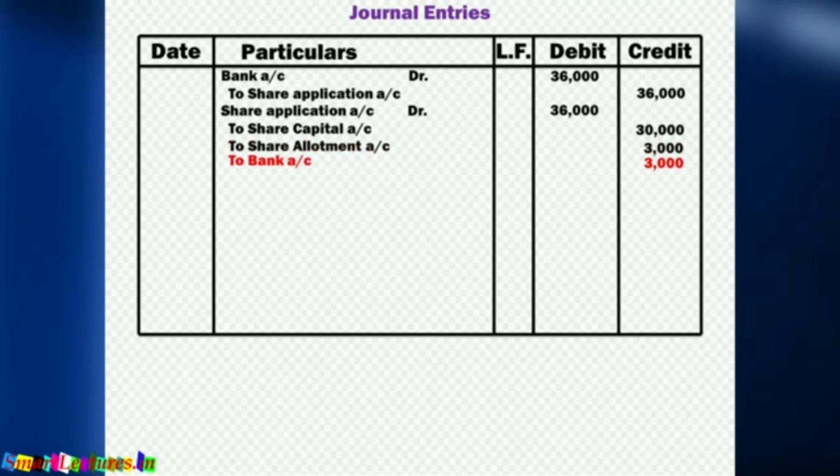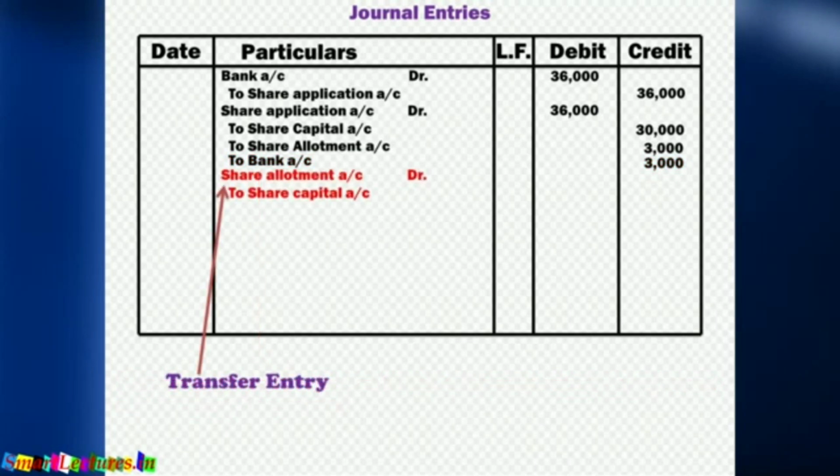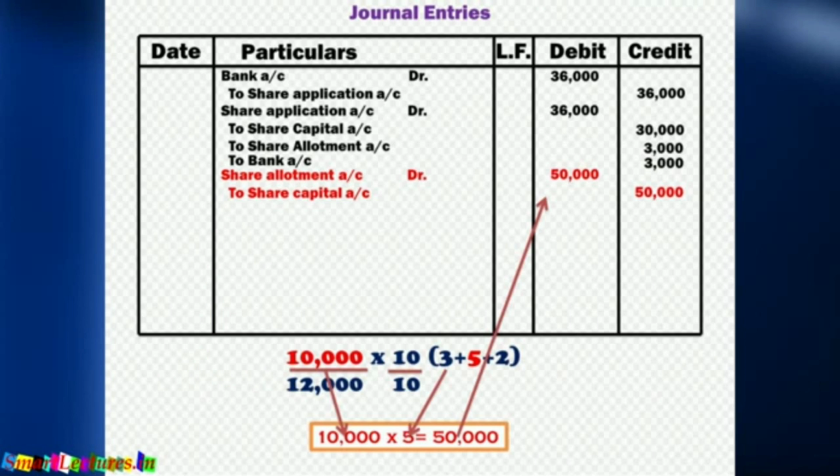Now share allotment account debit to share capital. You know, transfer entry is never affected by any advance money. So the amount will be 10,000 into 5, 50,000 rupees. Now entry for the receipt, means bank account debit to share allotment account. Will you get the full money of rupees 50,000?